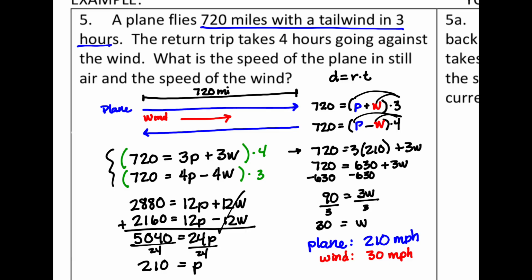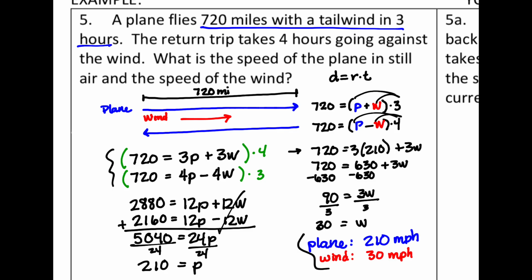So it's getting a little iffy, right? But still, it makes sense that the wind is much, much, much slower than the plane, and the plane is much faster than a car. So it works. They have to work on the numbers a little bit better, but it works.